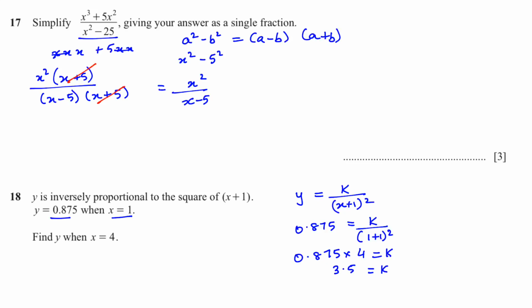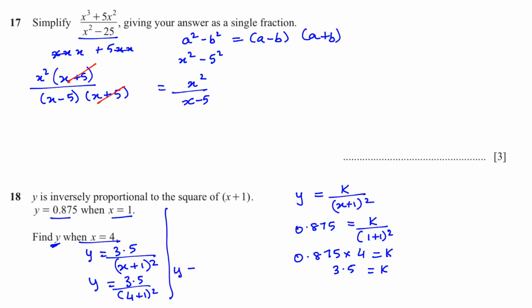Next step, we are going to replace the k with the number we got, which is 3.5 over x plus 1 square. They want us to find y when x is 4. Replace the x with 4. y is equal to 0.14.